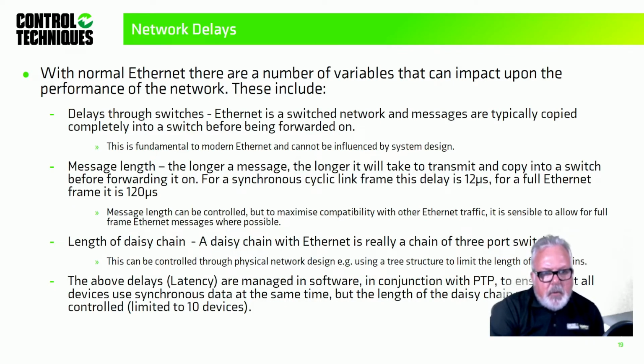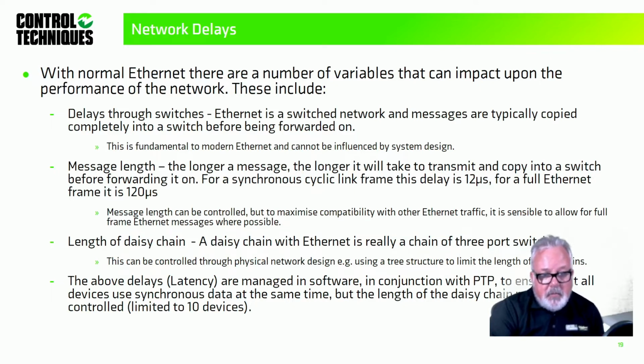So what causes network delays? Well, there's a number of variables that can impact the performance of an Ethernet network, and that includes switches themselves. You know, in an Ethernet switch network, messages are typically copied completely into a switch before being passed on.